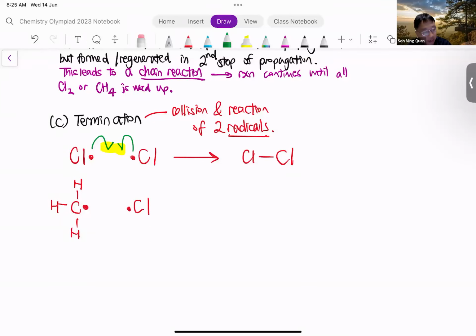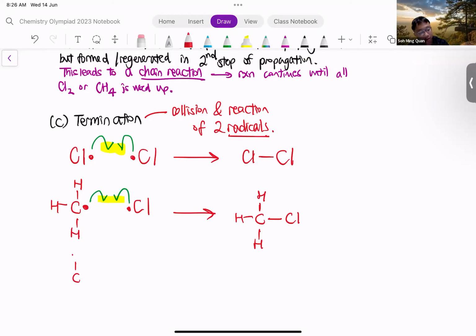So again, they can come back together. Make sure you draw a single-headed half arrow. So again, they come back together, and this you can tell forms a C-Cl covalent bond. And the reaction stops here, of course, because it doesn't form any more radicals.